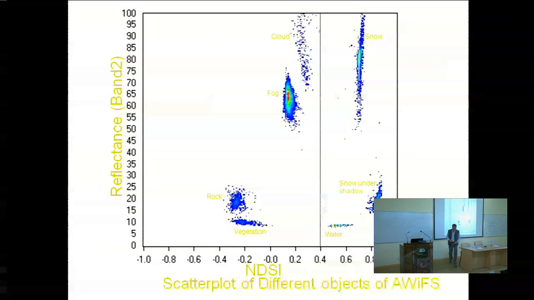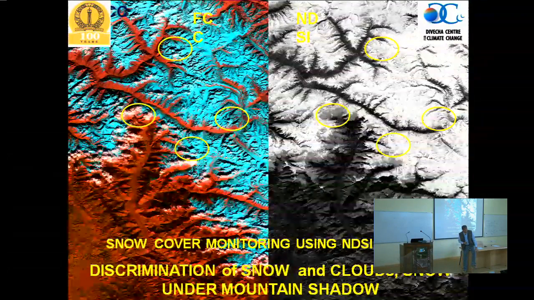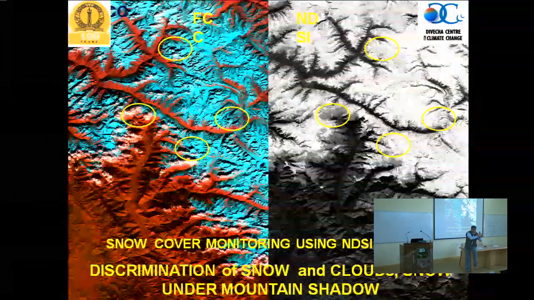So you can see how it looks. And the key question is what happens to the mountain shadow. If you have a big mountain, as we have seen earlier, one side gets illuminated, another side is in shadow. In mountain shadow also, you have a high NDSI figure.